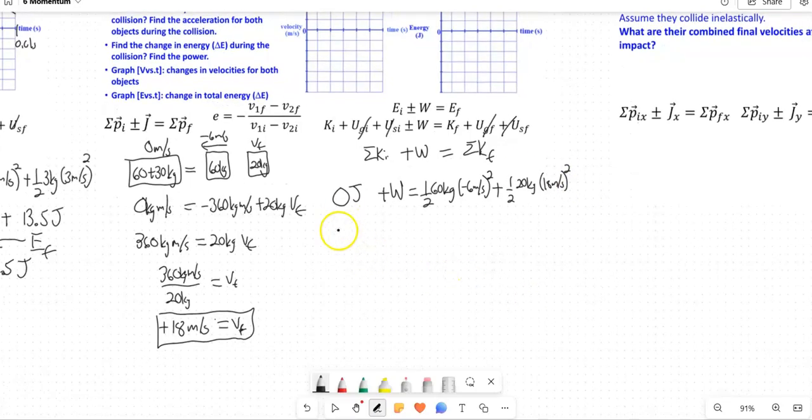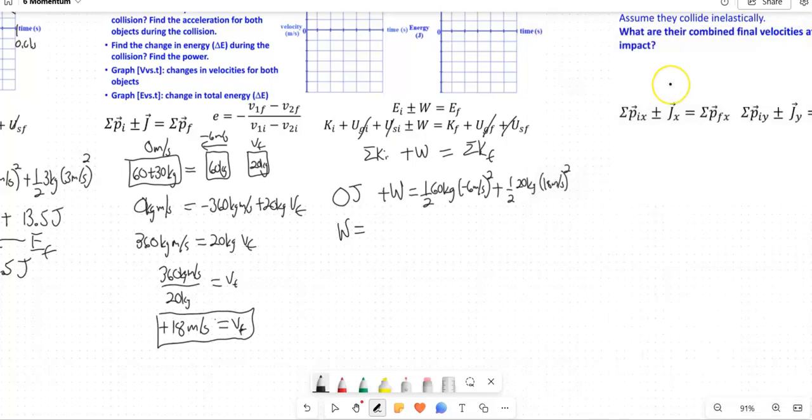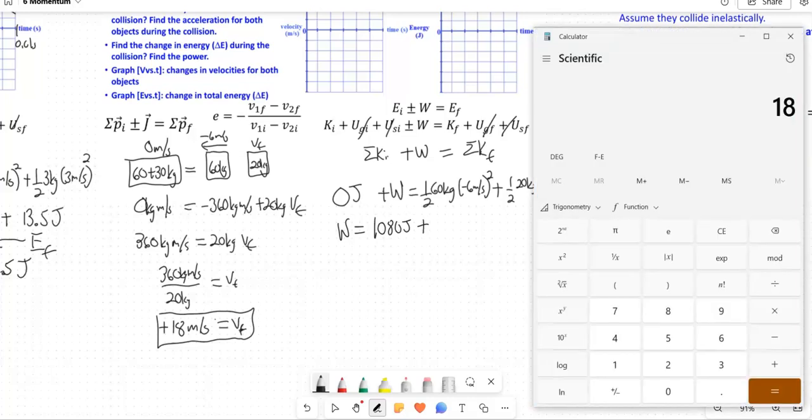All right, so the work on this side is just by itself, work plus 0. The kinetic energy for Amy after the push is going to be 36 times 60 divided by 2. So that's 1080 joules. And Gwen is 18 times 18 times 20 divided by 2.